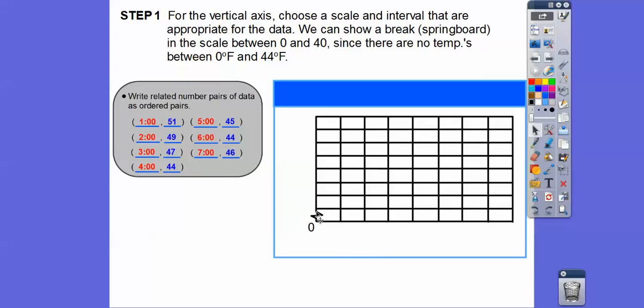So we'll start it at 40 right here, and we'll go up by 2s. This will be 42, 44, 46, 48, and so on. And since we don't want to leave a big space from 0 to 40, because otherwise our graph wouldn't start until way up here, we can do a little shortcut and do this little springboard. It springboards up to 40 right there. So let's go ahead and do the vertical scale right there, okay?